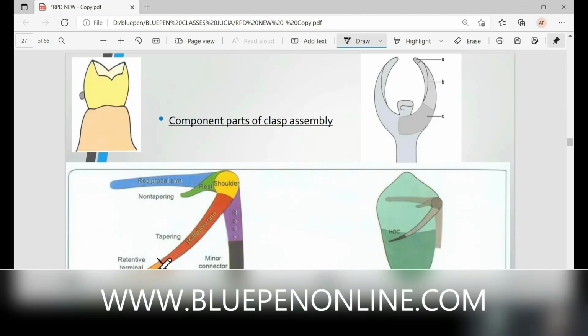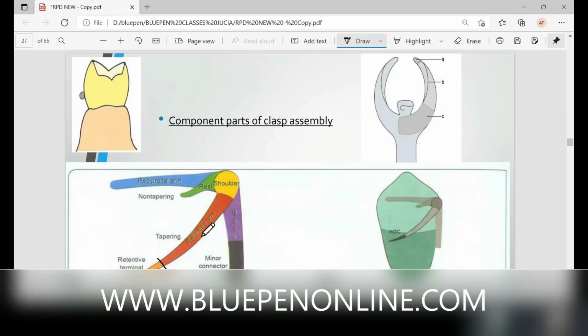This end tip is known as the retentive clasp terminal, and this part is known as the retentive clasp arm. So you can actually divide the complete retentive arm into two: one is the retentive arm terminal, the terminal end, and the other is the retentive clasp arm.